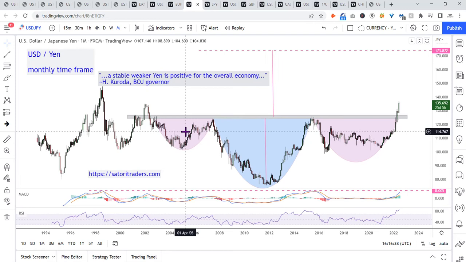Very nice head and shoulders pattern in this chart, and the target from that pattern is way up here. That would be a huge move in the relative value of the two currencies. We can see that MACD is in bull mode, potentially pushing up into a resistance level based on prior highs in the MACD.